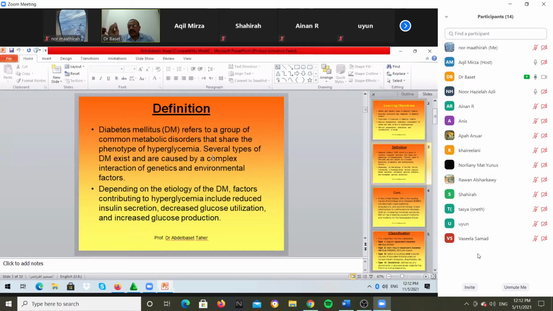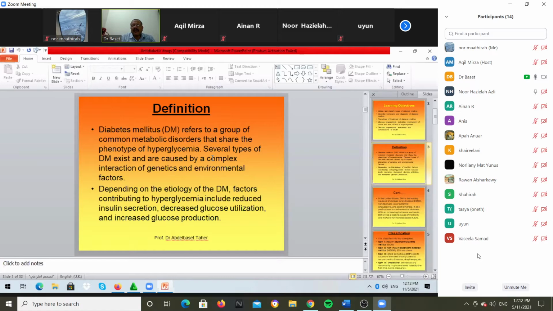Maybe in the future it will be known as a syndrome, because it is not a single problem, it is a disease which may affect the whole body. Diabetes may be for a long time. Diabetes needs lifestyle changes in order to control it, not only drugs, but the lifestyle.